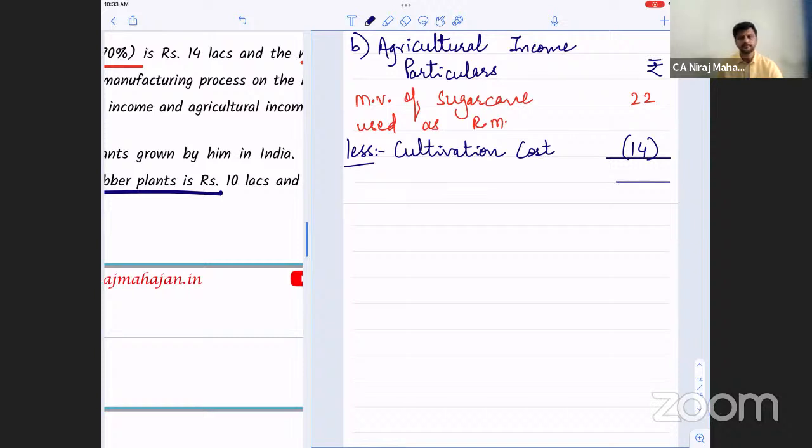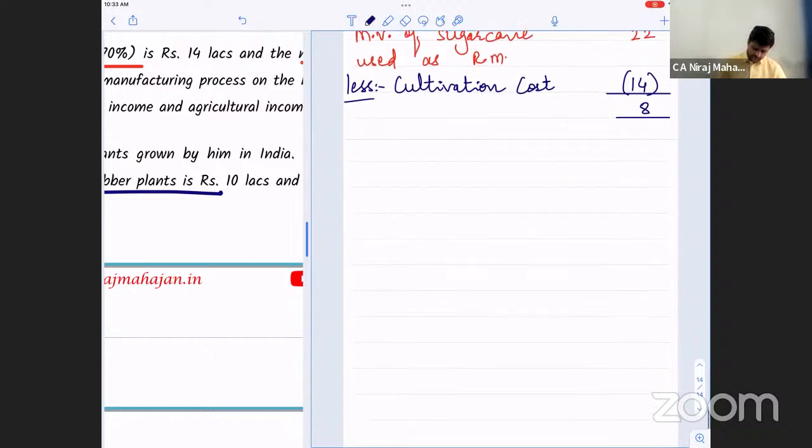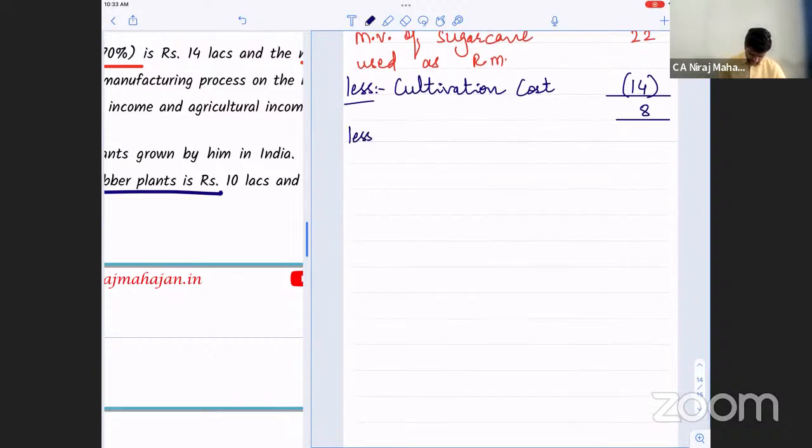Nothing else remains, correct? 8. All of you okay till here? But is 8 taxable? No. You say what? Less. Exempt under section 10(1). Entire 8 lakhs now. That is my agri income. Taxable income, obviously, yes.